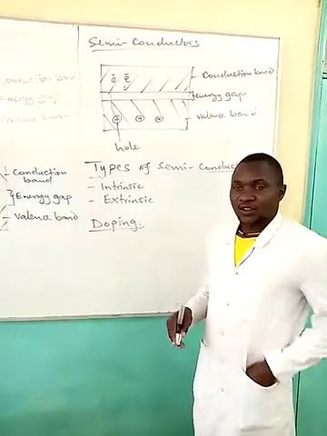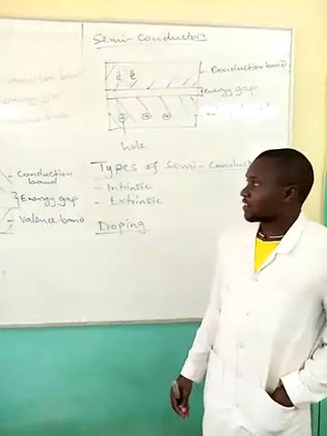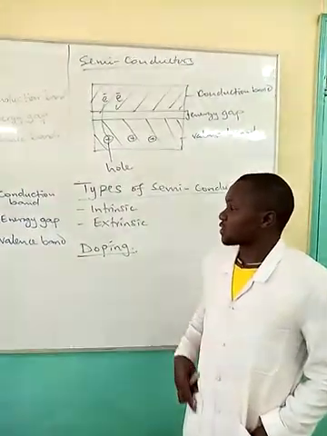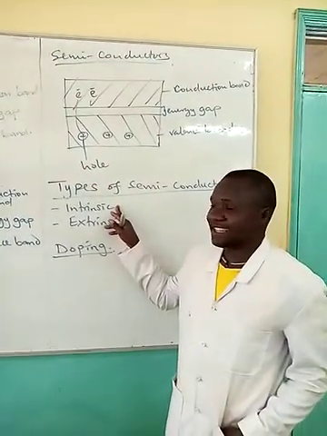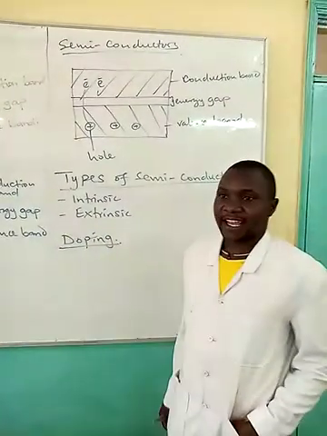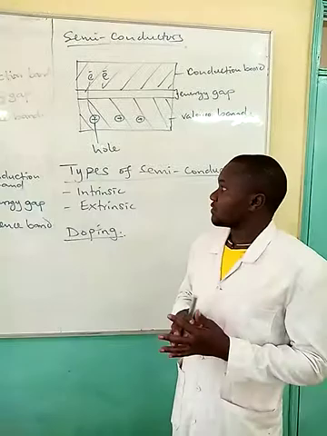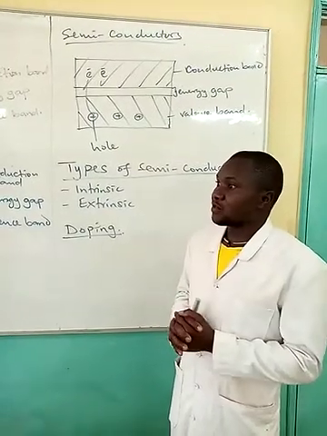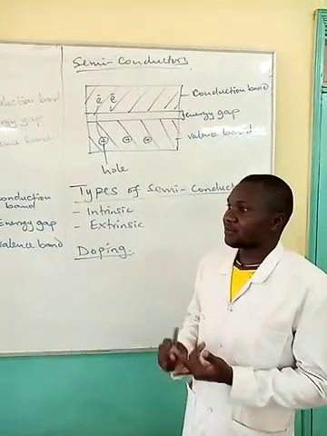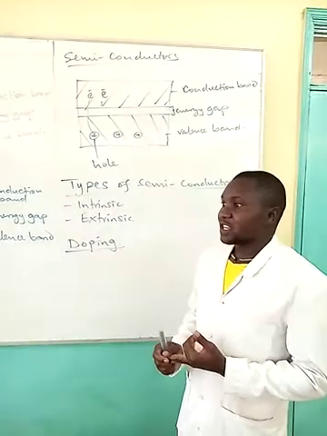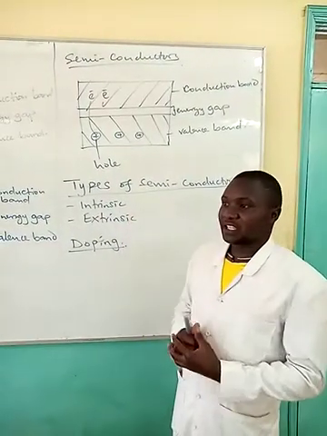So with that, semiconductors are further divided into two. We have intrinsic semiconductors and extrinsic semiconductors. Because a semiconductor's electrical conductivity can be improved by either raising the temperature or by adding impurities, that is what gives us those two types.